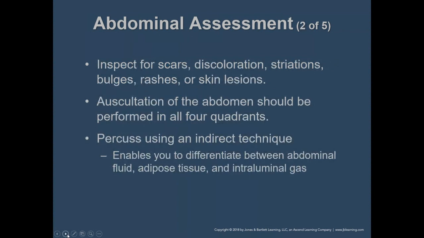So, as we're looking at the abdomen, why would we care about abdominal fluid accumulation? Well, it tells us about renal and cardiovascular status. Why would we care about surgical scarring, new or old, in our patients' complaints?